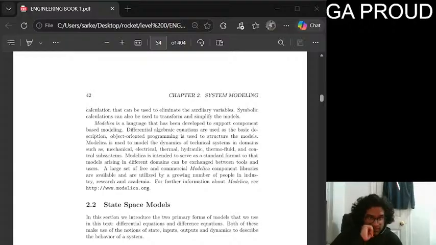Is it possible to simulate the abstract using graphs and stuff? I'm also writing a book, and let me actually show you.